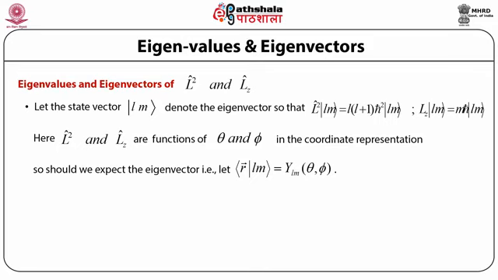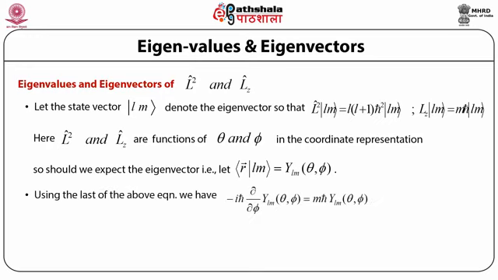So the bra vector ⟨r| acting on ket vector |l m⟩ gives the spherical harmonic Y_lm(θ, φ), where Y_lm is the spherical harmonic for the functions theta and phi.